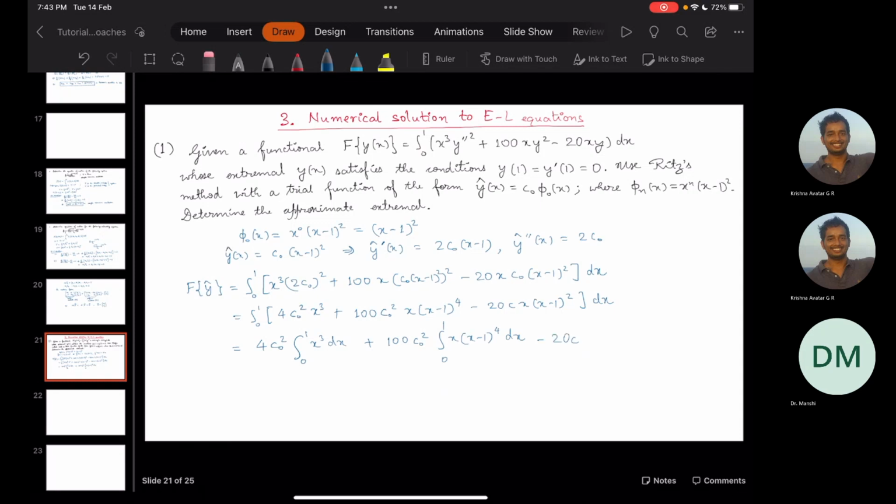Likewise, 20 c naught integral of x squared dx from 0 to 1.